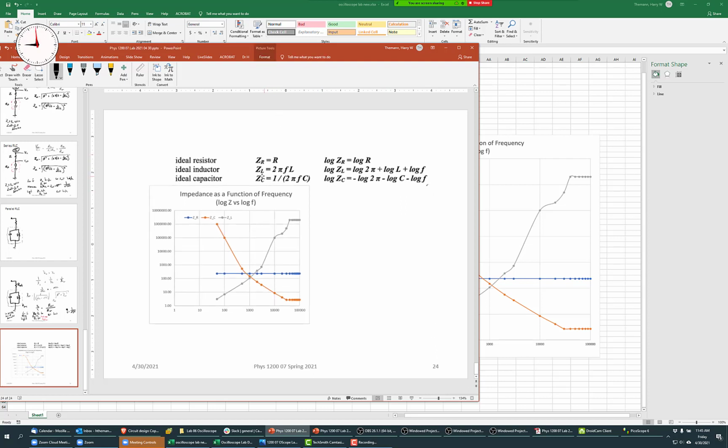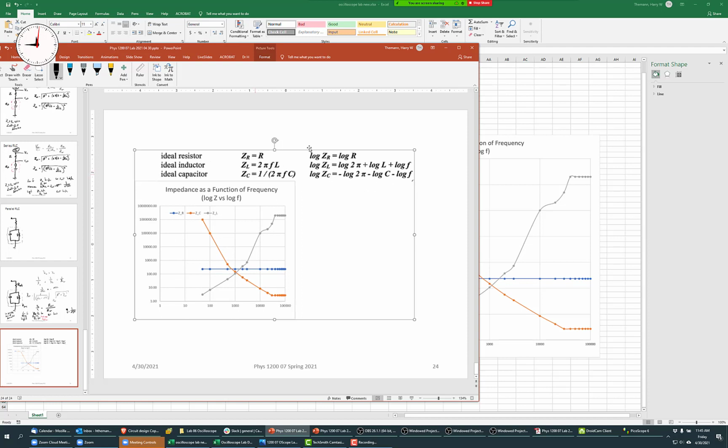So I have my equations for the impedance of each one of these devices under test. If I take the logarithm of both sides, which is just what you do when you do a log plot, watch what happens here. So I've got, say, log of ZL, and now we want to think in terms of a straight line fit, right?